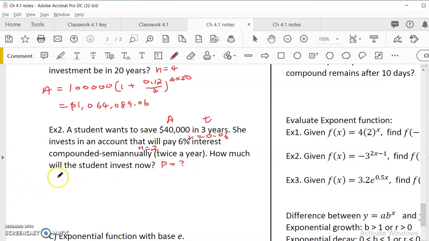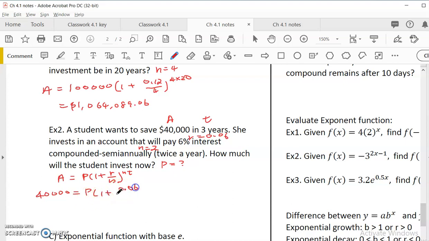So we would use this equation: A equals P times 1 plus r over n to the nt. So let's figure it out. We know the answer A, 40,000. P we don't know. We want to know how much to save now.